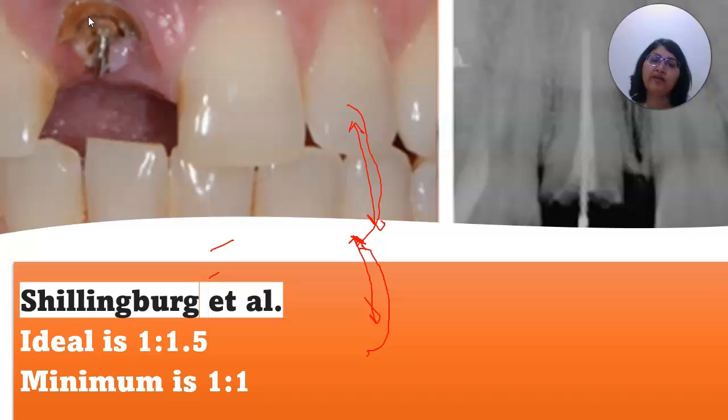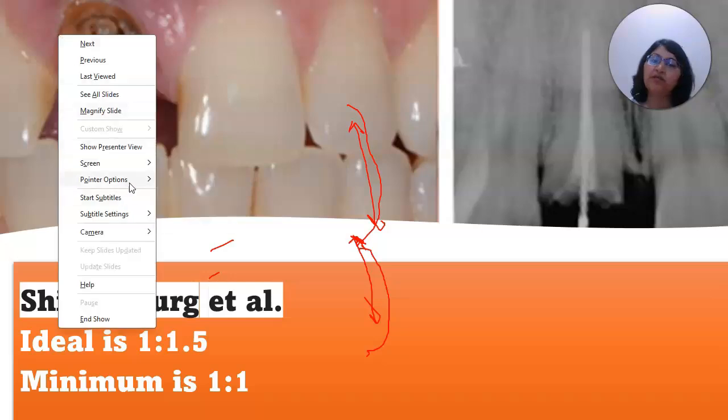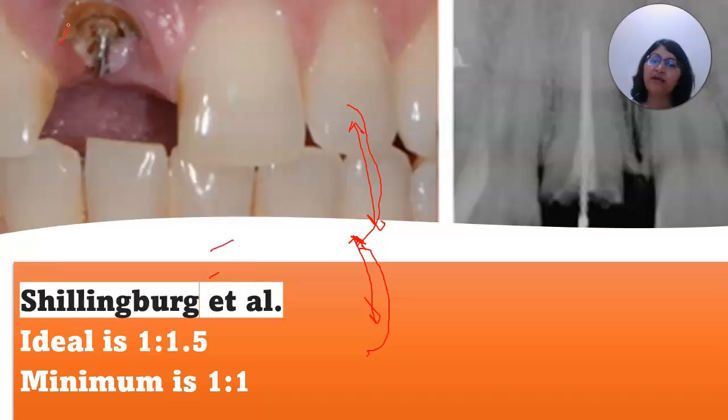Either you can build it up again, put some more core material and put a crown alongside, but definitely you can see, let me again have my pointer here, that the margin of your remaining tooth structure is literally at the level of the gingiva, and at some level it is also subgingival.